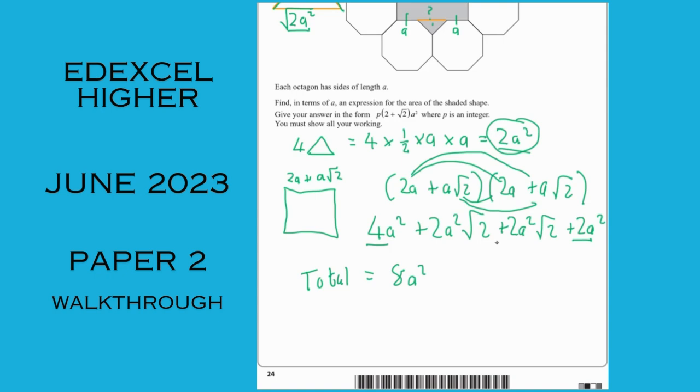And here we've got 2A squared root 2, 2A squared root 2. So we've got 4A squared root 2. Now as they want the A squareds taken out and put at the end, they want a 2 plus root 2 in the middle.